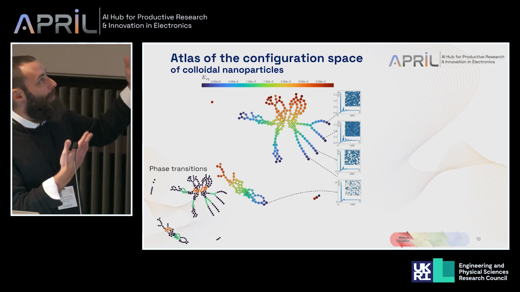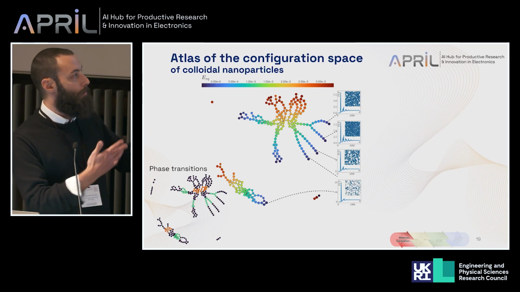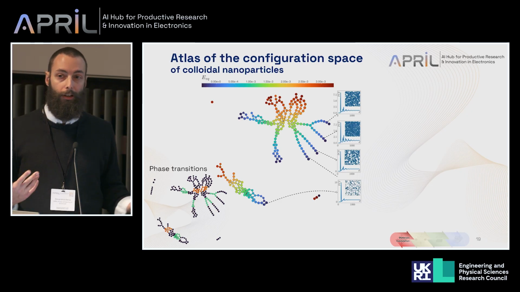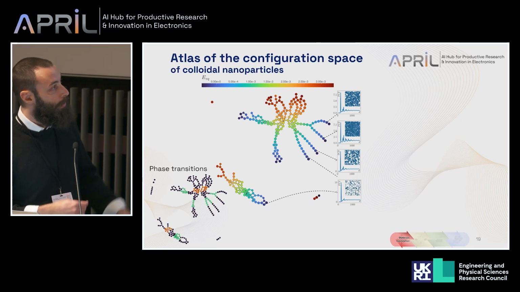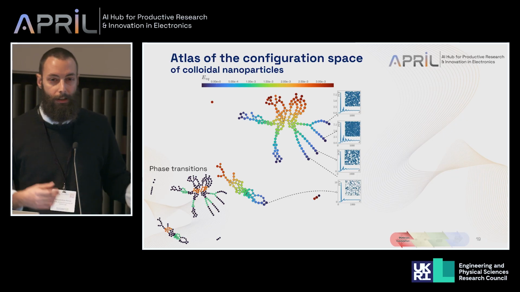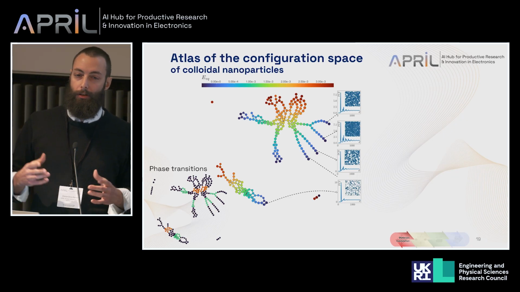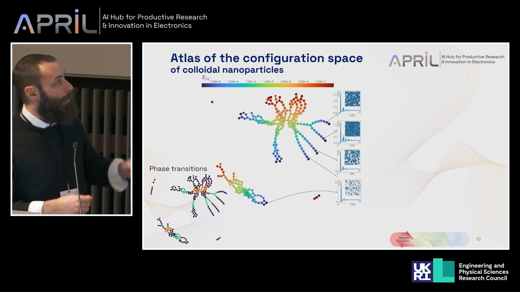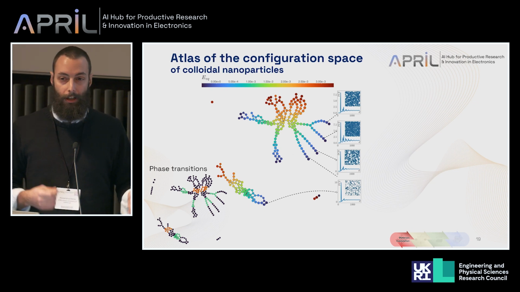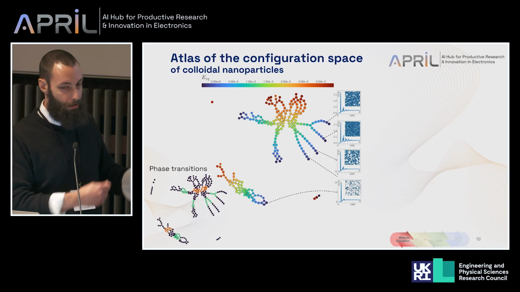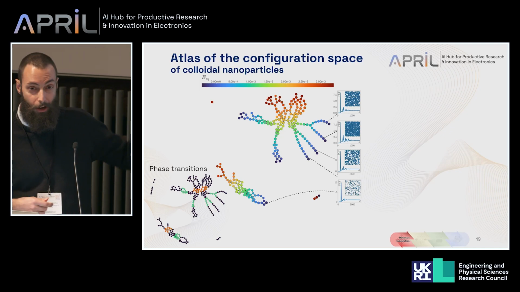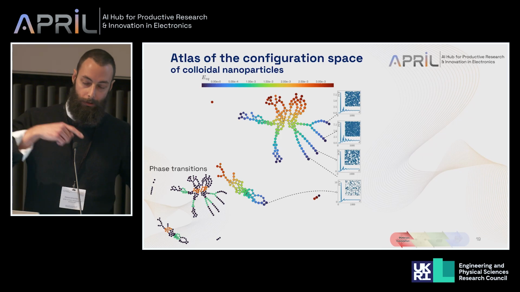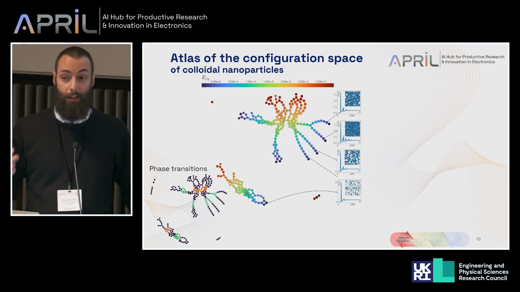Doing that, we get an atlas of the configuration space, and this is the configuration space of a system of colloidal nanoparticles, which you might know is quite a complicated system. Each node on this graph is a cluster of configurations that are similarly structured, and the edges in this graph tell us how we can go between these clusters of similarly structured configurations. Traversing this graph means that we can traverse between phases and cross between phase transitions.